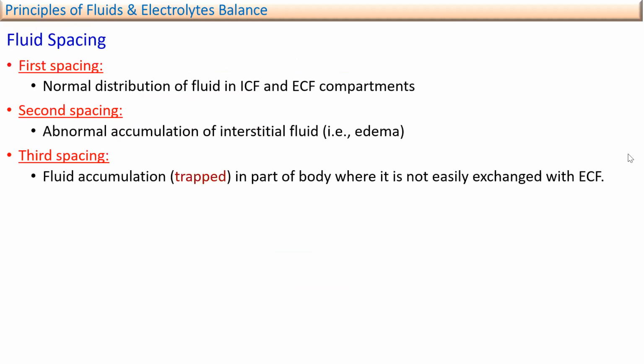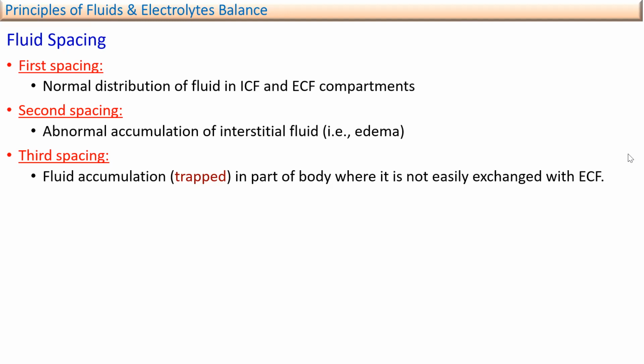The three different types of spacing. The first spacing is the normal distribution of fluids among all three compartments: ICF, ECF, and transcellular. The second spacing is the abnormal accumulation of fluids in the interstitial space.